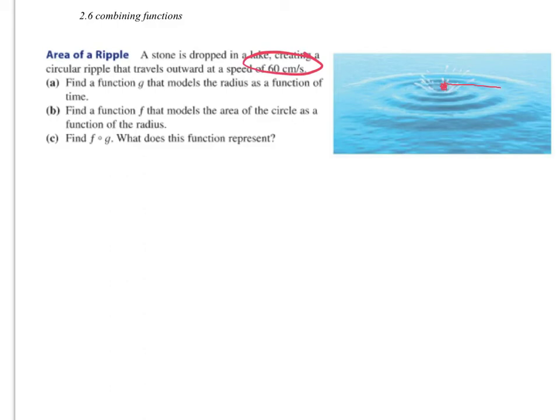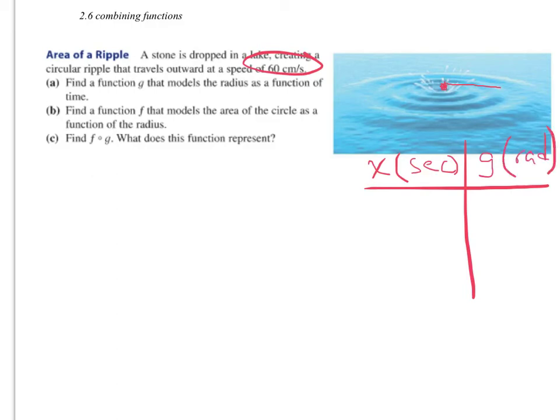We did this by looking at a table of values where x is the number of seconds since you dropped the stone, and g, the function, is the radius in centimeters of the circle that's created as the splash moves out, sort of the way waves from an underground earthquake would be created and make a tsunami.